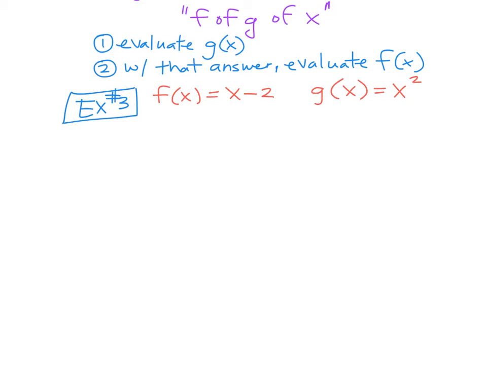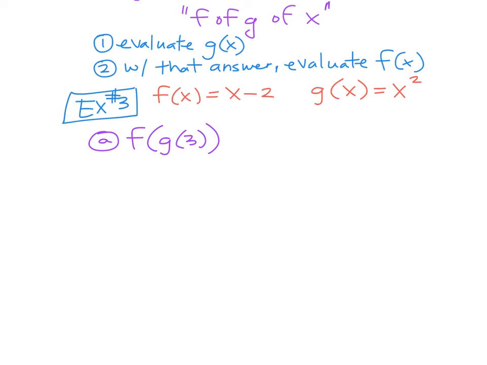Now I'm going to show you this two different ways, because it can be that f of x is on the inside or it could be g of x is on the inside. You just need to pay attention to which is which to see how you're going to set it up for yourself. So this first one, what we're going to do is f of g of 3. Okay, f of g of 3.